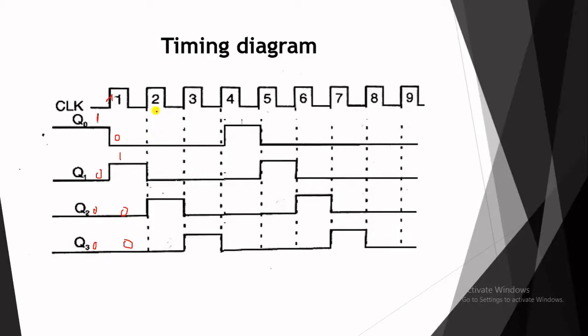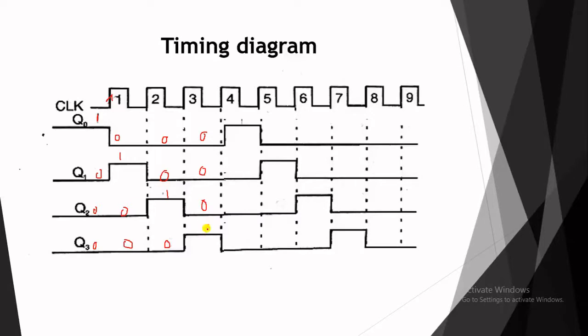During the second clock pulse, again shift this 1 to the next flip-flop. So here again 0, this 0 is given to the first flip-flop. So here 0, here 1 and here 0. Now again next, so 0, 0, 0 and 1.